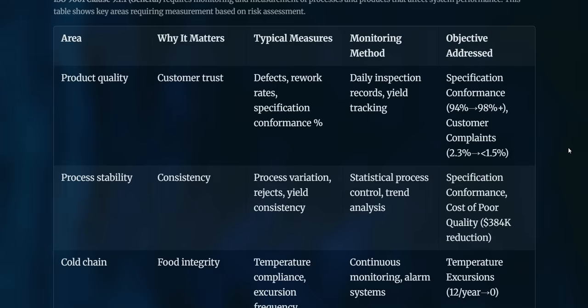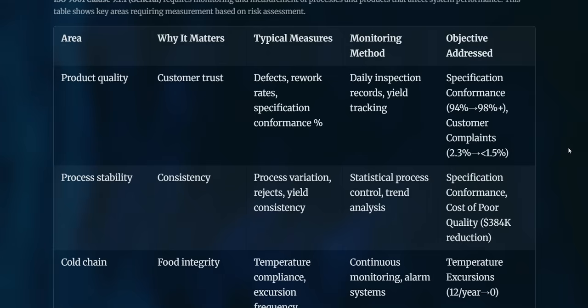The objectives addressed through product quality include specification conformance, with our objective of raising accuracy from 94 to 98%, and customer complaints improvement, to reduce it from 2.3 to under 1.5% per shipment.